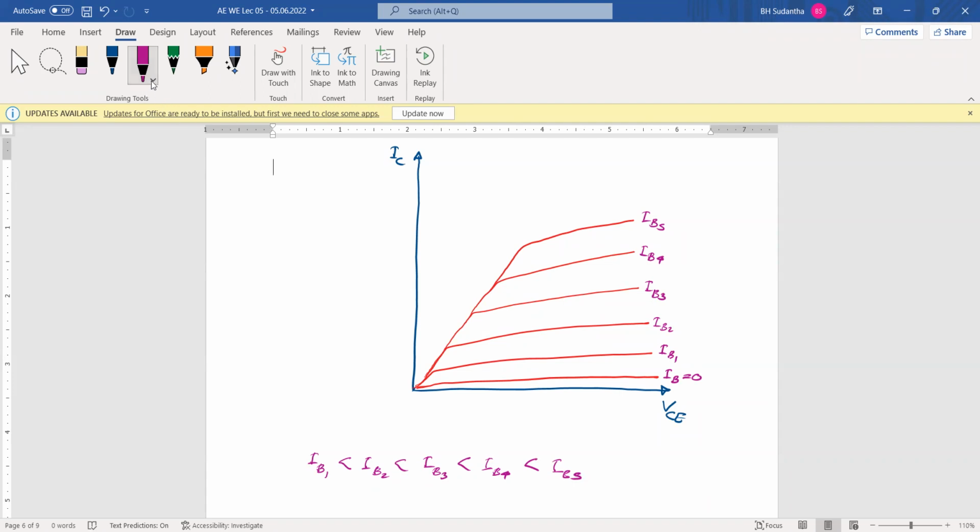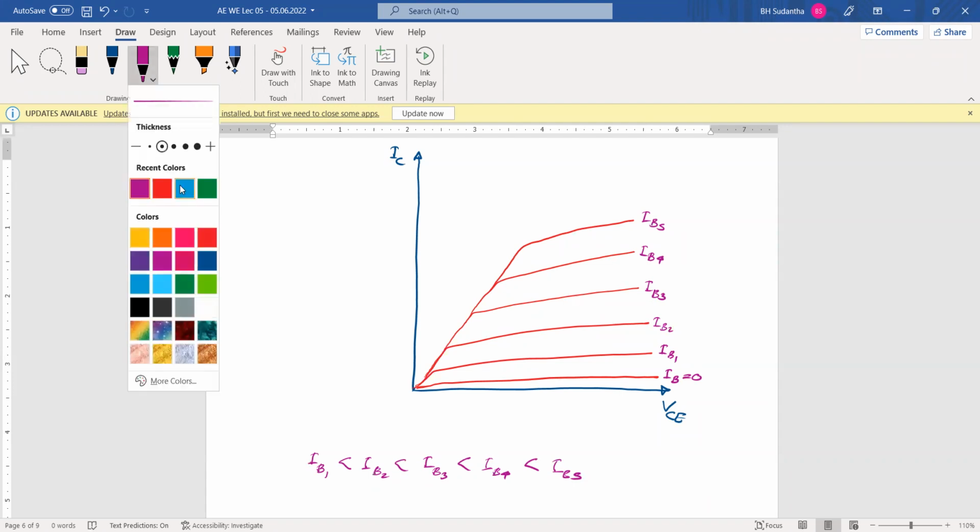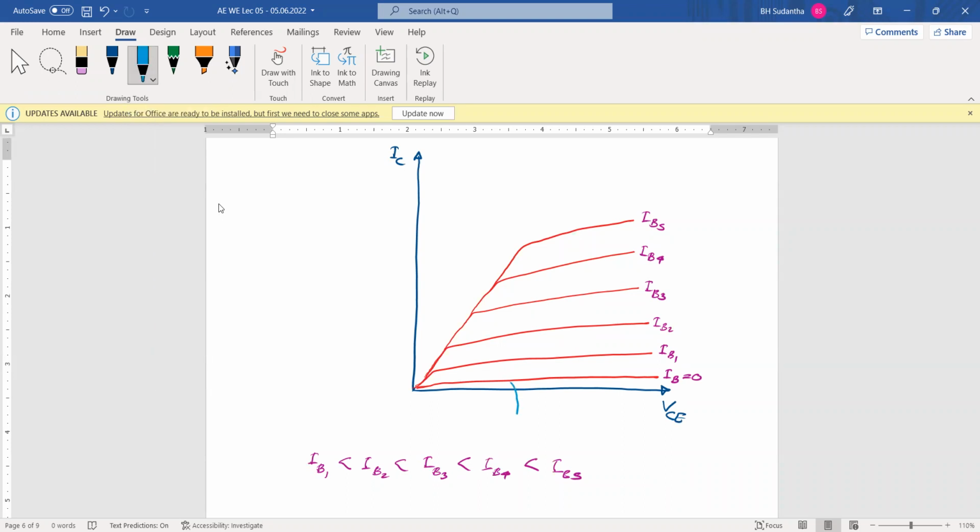Okay. Here also we can identify these 3 regions. Up to this point, we can see this is cutoff mode. Cutoff mode means the transistor is turned off.